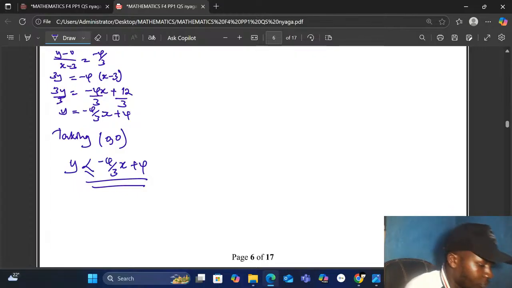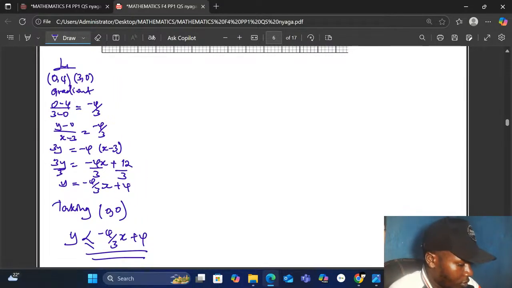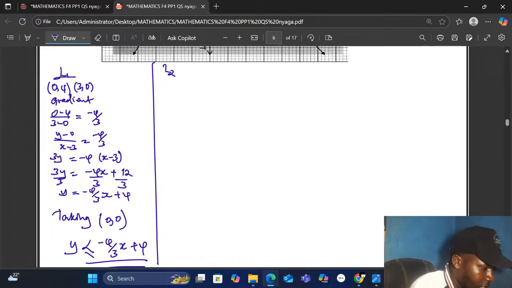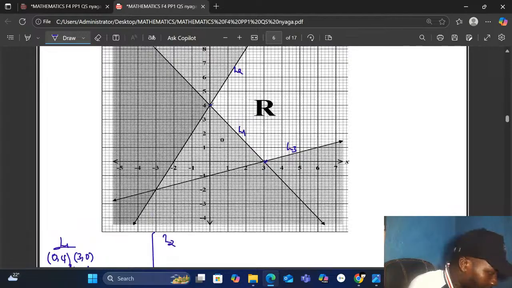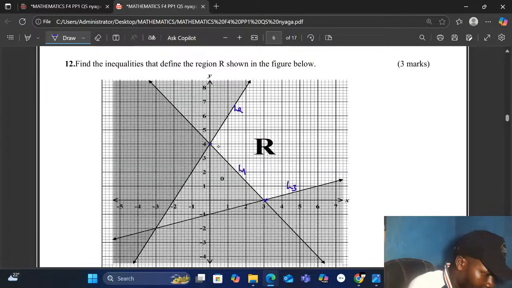Then we move to the equation of line L2. We also look for 2 points. Line L2, this is where it is. So we can take 0, 4, this point, and another point along this line, negative 2, 0.